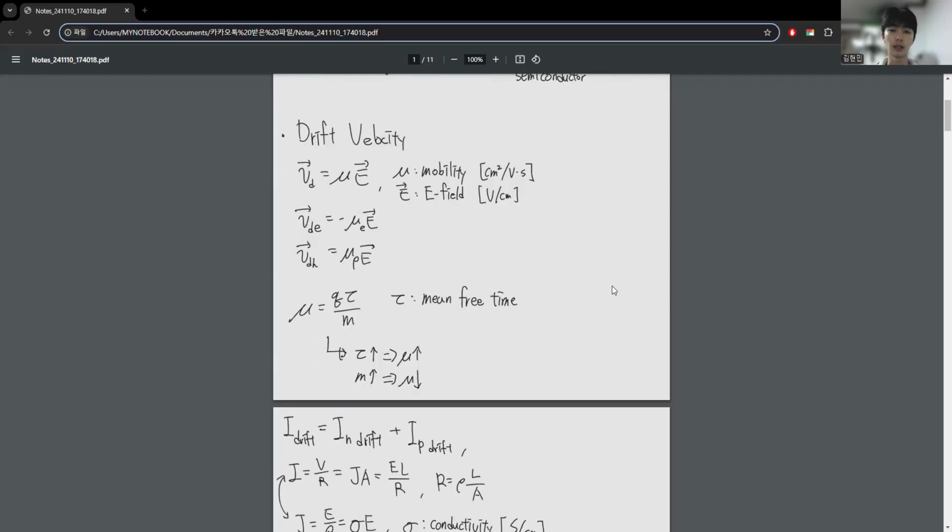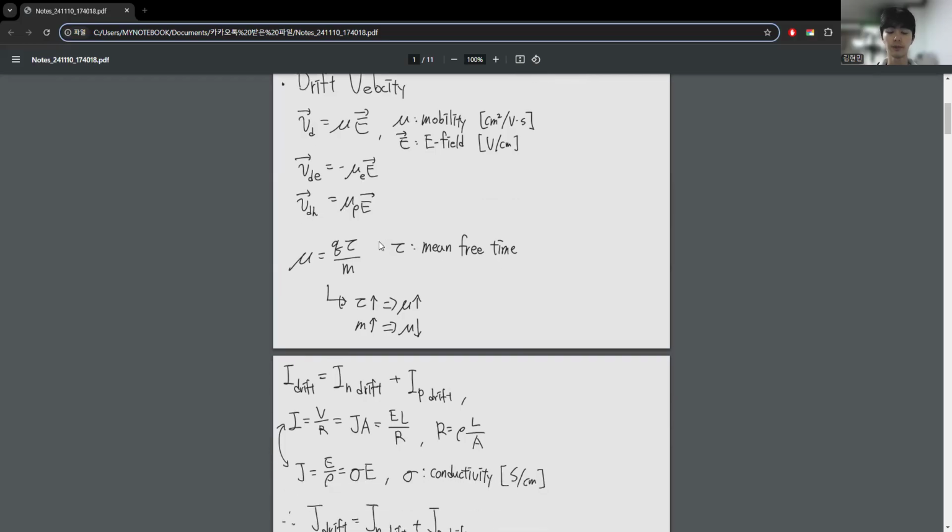And next, drift velocity. Drift velocity equals mobility times electric field. For an electron, drift velocity equals minus mu n times E. And for a hole, drift velocity equals mu p times E. Mobility equals q tau over m.